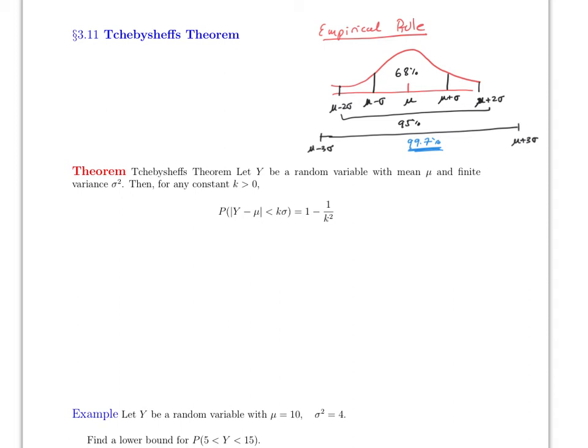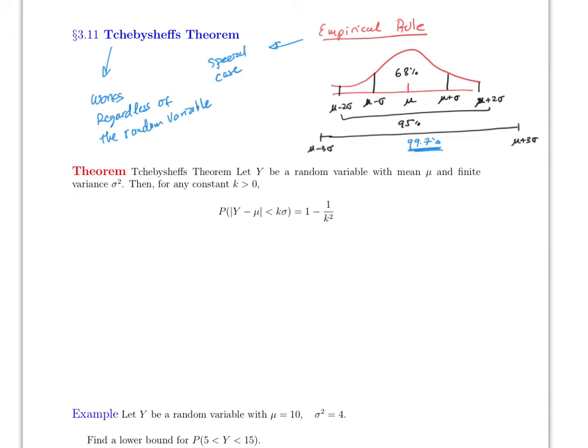The empirical rule you could think of as a special case of Chebyshev's theorem. And Chebyshev's theorem works regardless of which distribution you have, or you can say regardless of the random variable, which is a big deal, but it also is going to be very restrictive because it has to be general.